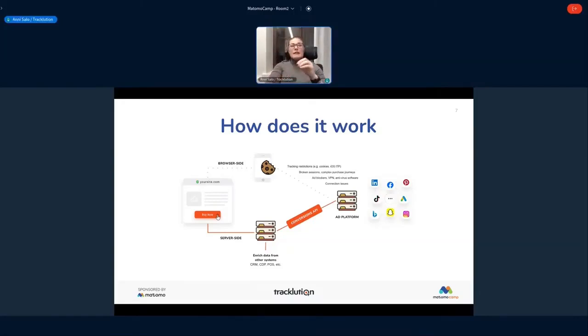When we talk about server-side tracking, the idea is that instead of relying on the user's browser to execute all this hassle that I just explained, the actions happening on your website are collected to a server-side environment.